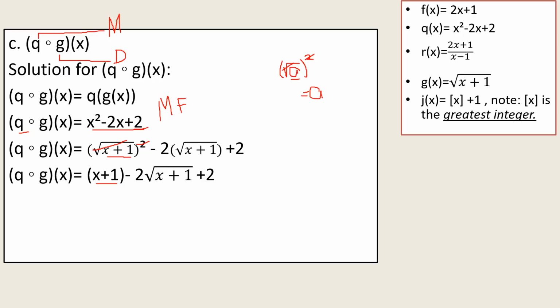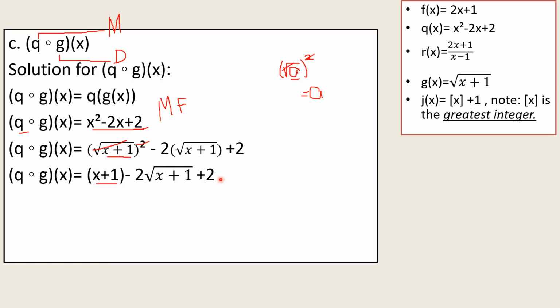Tapos, minus 2 times square root of x plus 1. Hindi natin pwedeng pagsamahin yung term sa loob ng radicand sign at saka yung 2. So, dito lang siya sa labas. 2 times square root of x plus 1. Tapos, copy plus 2. Okay. So, next na yan is to simplify pa.